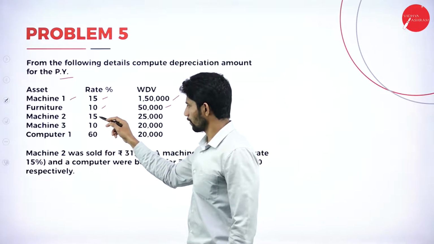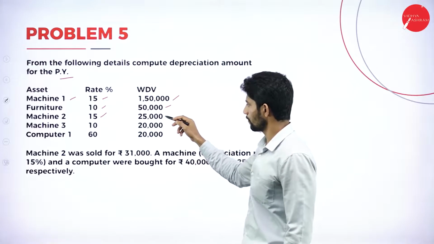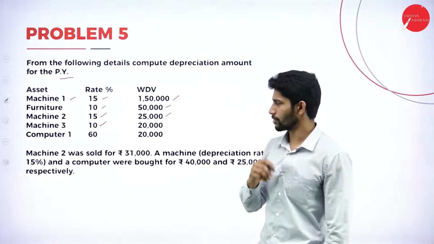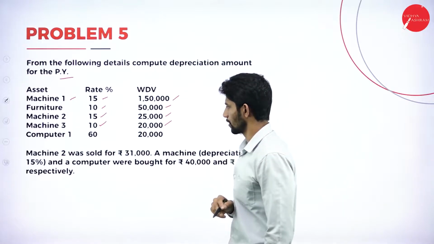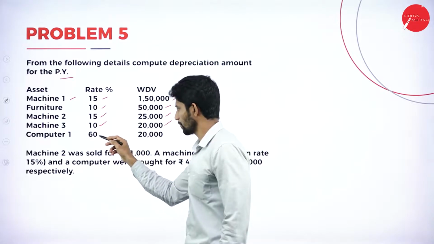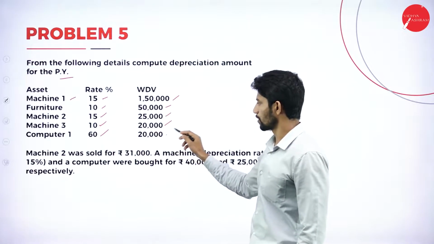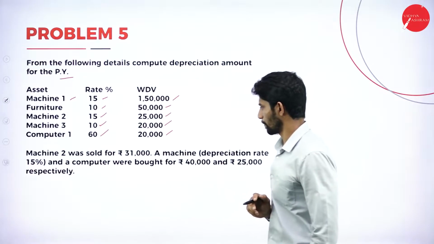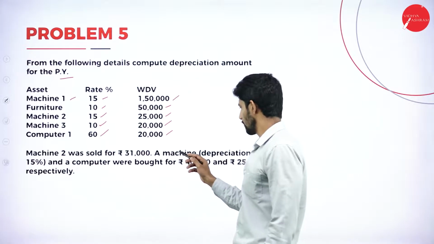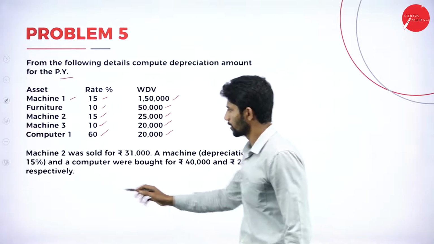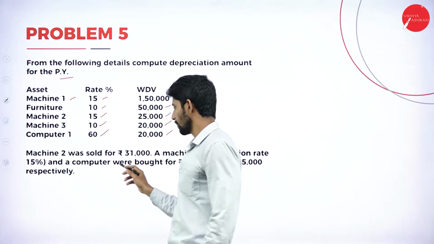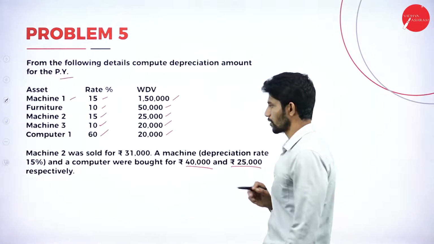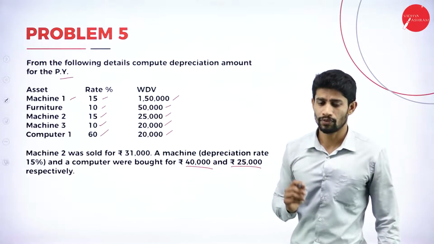Machine 2, rate of depreciation 15%, value 25,000. Machine 3, rate of depreciation 10%, value 20,000. Computer 1, rate of depreciation 60%, value is 20,000. Machine 2 was sold for rupees 31,000, and another machine with depreciation rate 15% and a computer were bought for rupees 40,000 and rupees 25,000 respectively.